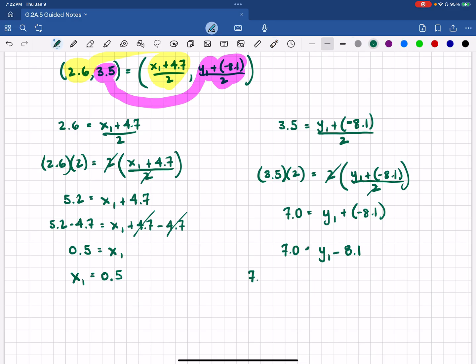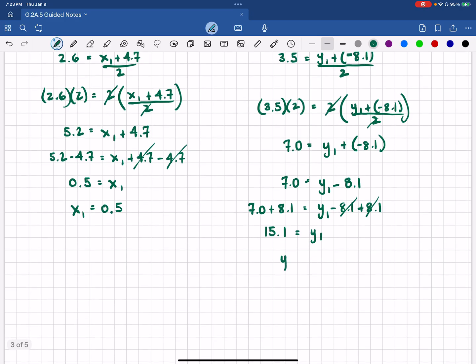So 7.0 plus 8.1 is equal to y1 minus 8.1 plus 8.1. The 8.1's cross out, and what I'm left with on the left side is 15.1 is equal to y1. I'm going to flip that around and say y1 equals 15.1.